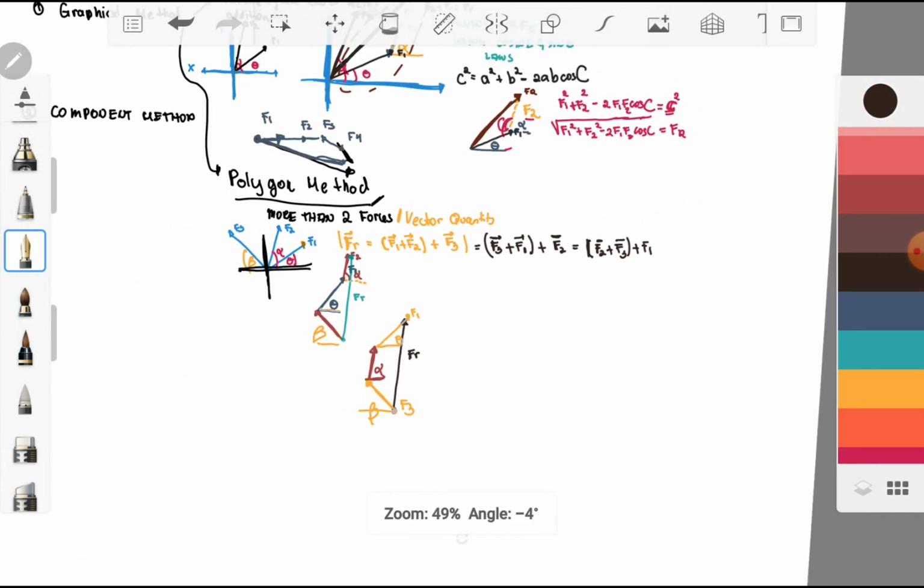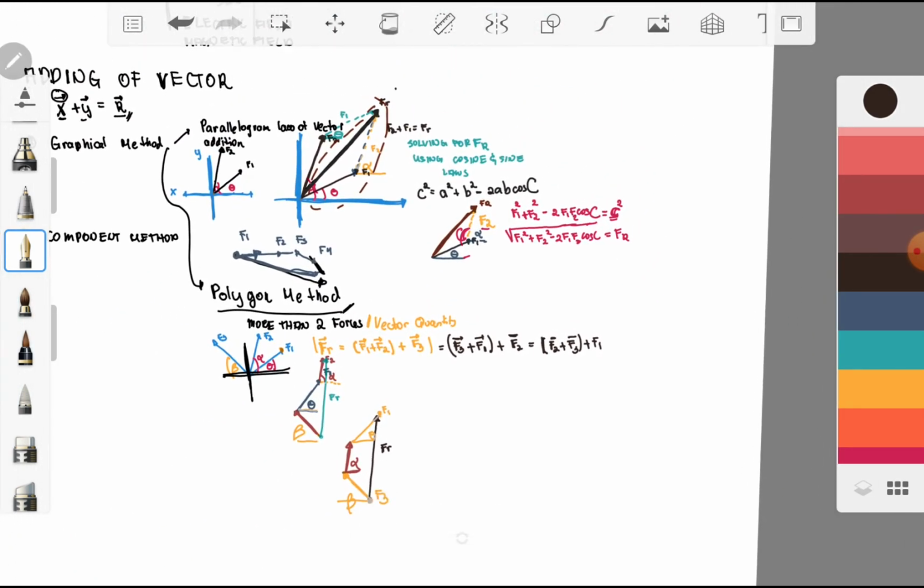This is for your graphical method. Take note that your graphical method is a little bit complicated compared to your component method.